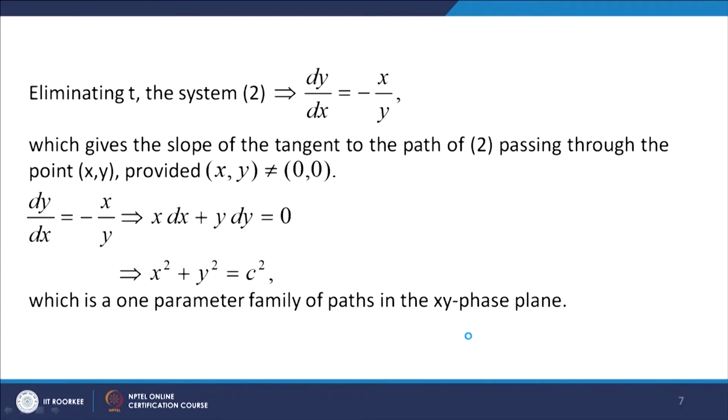So it gives the slope of the tangent to the path of 2 passing through the point (x, y), provided (x, y) is not the origin.